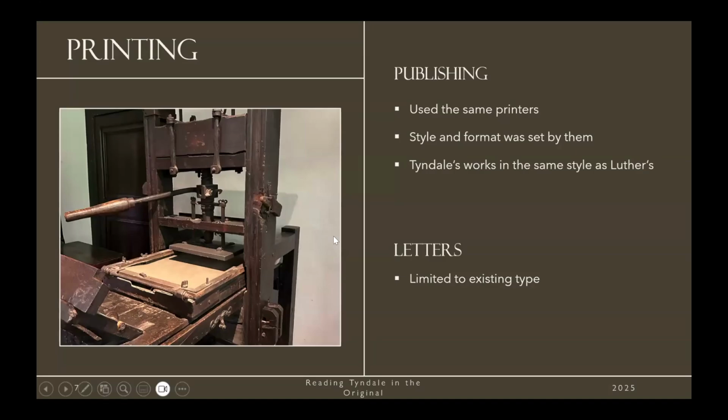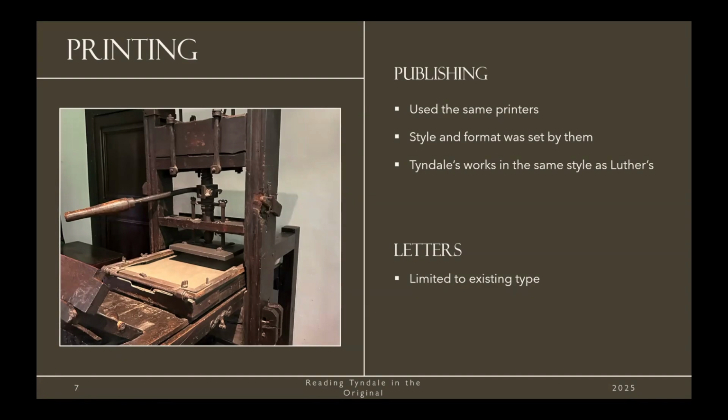This is a machine very similar to what would have published Tyndale's New Testament. Tyndale was on the continent, and he wasn't using English printers, he was using continental printers. They printed his New Testament in exactly the same style as they had printed Luther's New Testament.